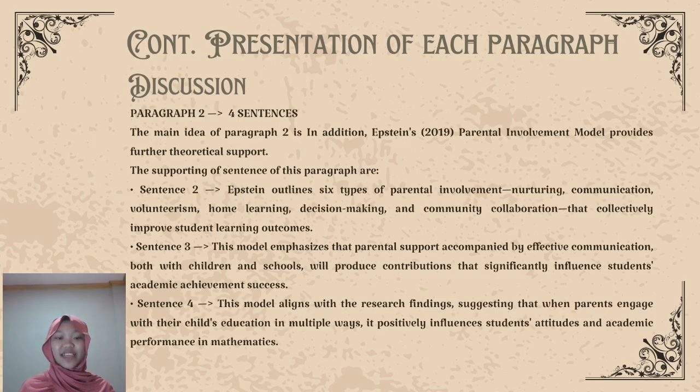In sentence 3 contains that this model emphasizes that parental support accompanied by effective communication, both with children and schools, will produce contributions that significantly influence students' academic achievement and success.